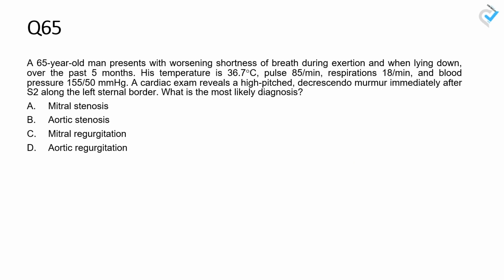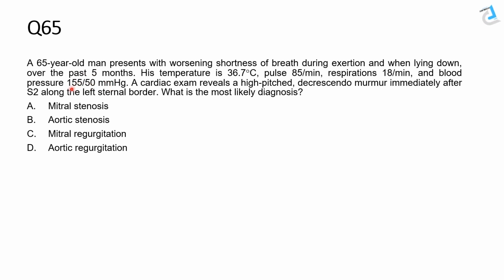A 65-year-old man presents with worsening shortness of breath during exertion and while lying down, which again means the problem is mostly on the left side of the heart. Over the past 5 months, his temperature, pulse and respiration are normal, and his blood pressure is 155 systolic over 50 diastolic.